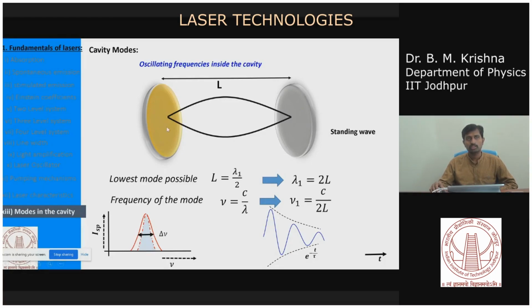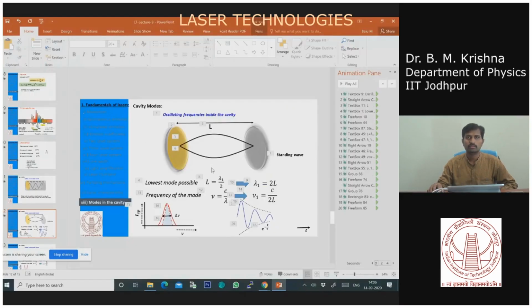That is because of the losses in the cavity, whether these losses are due to the medium or the reflection; there are different cavity losses. All these losses will increase the width, that means your spectral width changes. I will stop here. We will discuss more about these cavity modes in the next class.